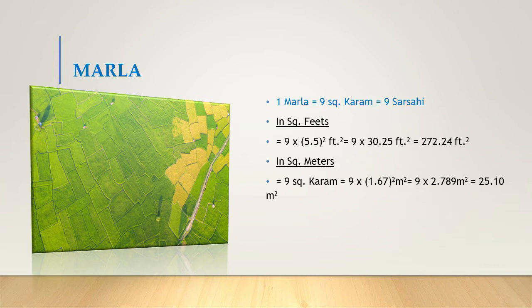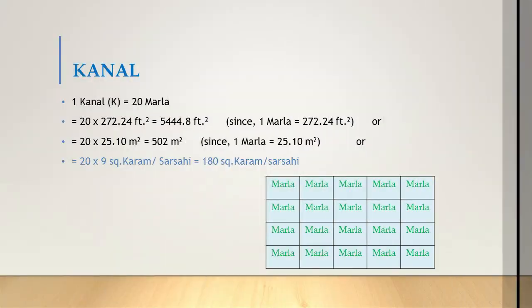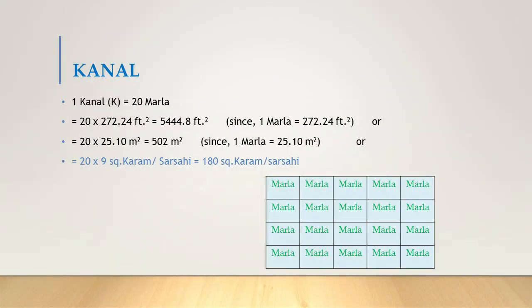You multiply 9 by 30.25 square feet, that will be equal to 272.24 square feet. So 1 marla is equal to 272.24 square feet, or if you go into meters, that will be equal to 25.10 square meter.